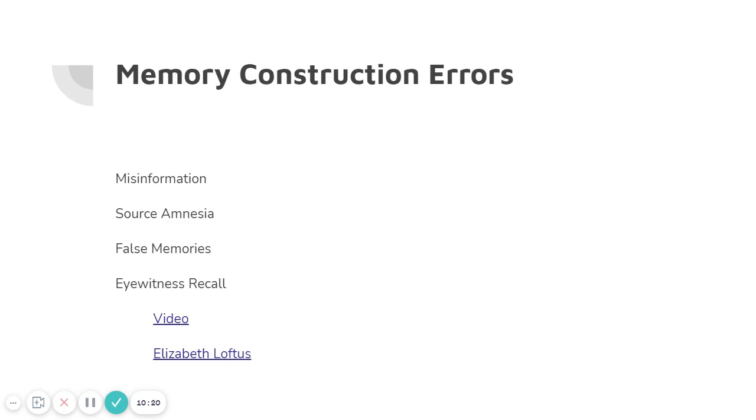All right, so let's talk about memory construction errors. Your brain can make false memories. Like what we've already looked at with perception, your brain is very susceptible to different things. This also happens when it's constructing memories, and there can be errors. If we use the analogy of your brain as a computer, you can end up with file errors when you're trying to encode and store this information.